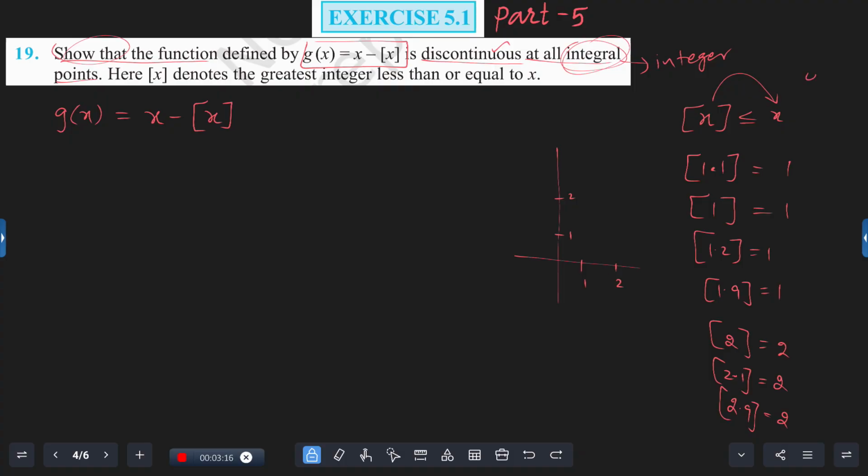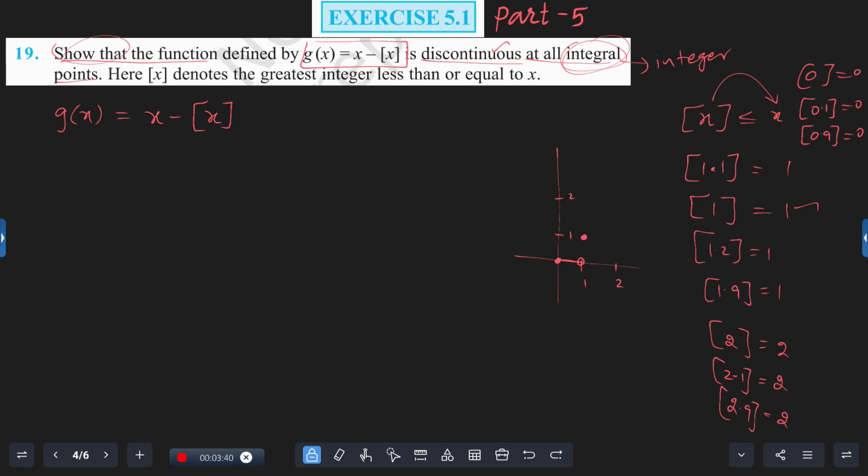Like 0 is also an integer, and 0.1 also gives 0, 0.9 also gives 0. So from 0, 0 is included, but 1 is not included, because when I give 1 it becomes 1.